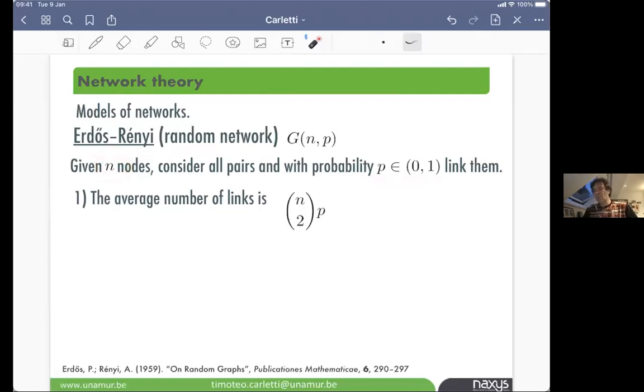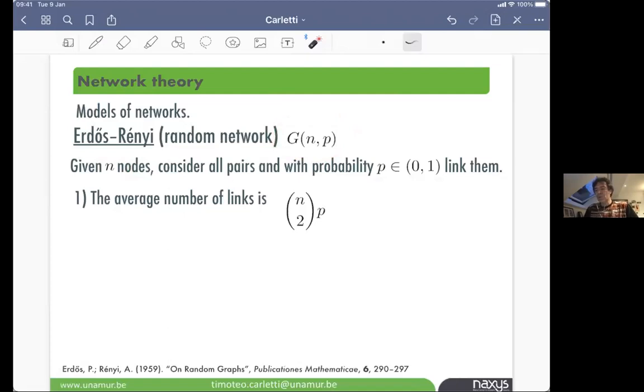There is a second model which is called G(n,m), where m is the number of links. The two models are statistically equivalent when n is large. In the second one, you have to imagine that you have all the possible networks that have n nodes and m links. If you draw one according to the measure defined on the set, you end up with this kind of network. So this is just a definition.